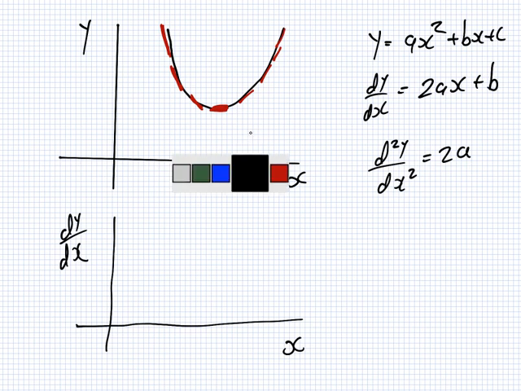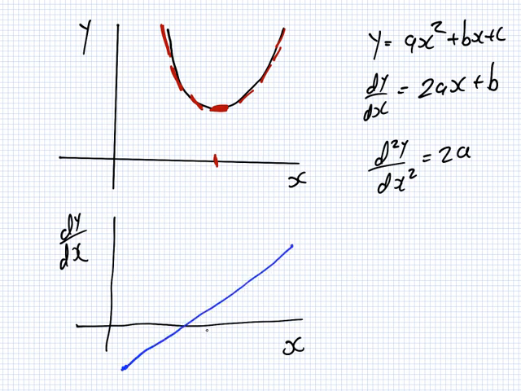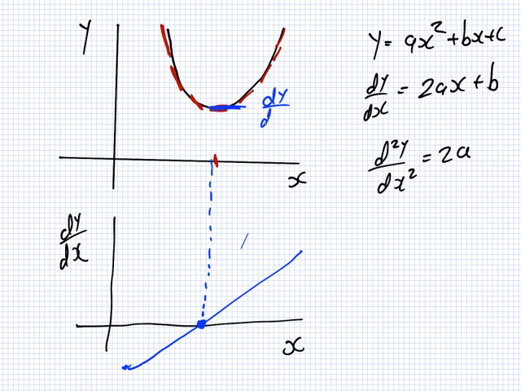So if I was to graph this, I would go from the negative up to the positive. And this point here, where it crosses the x-axis, will match up exactly with this point, because here the derivative is 0.